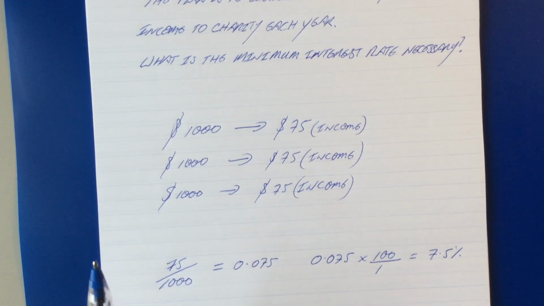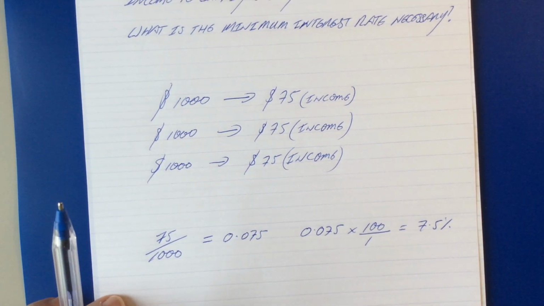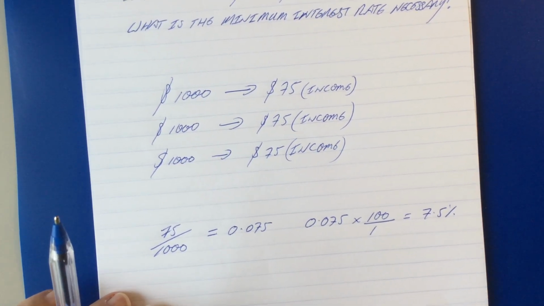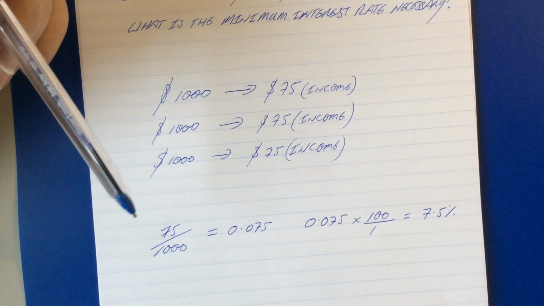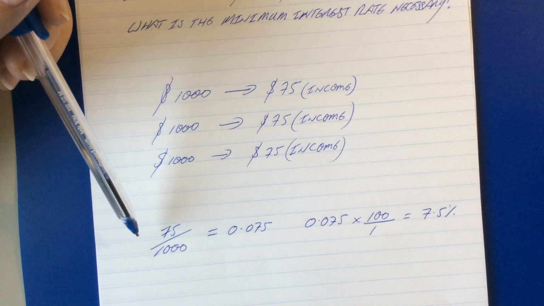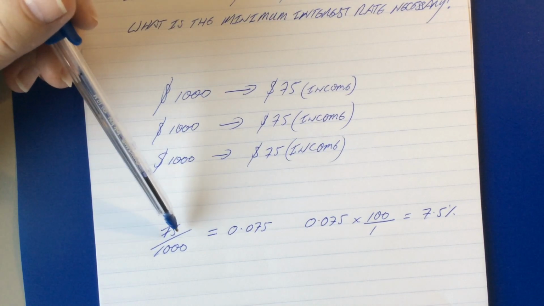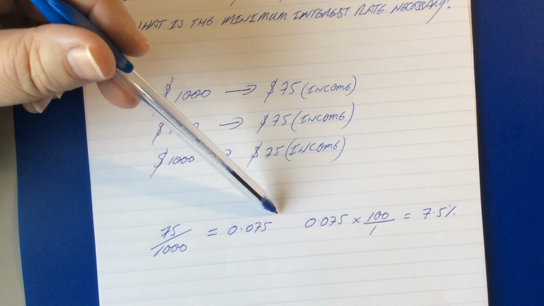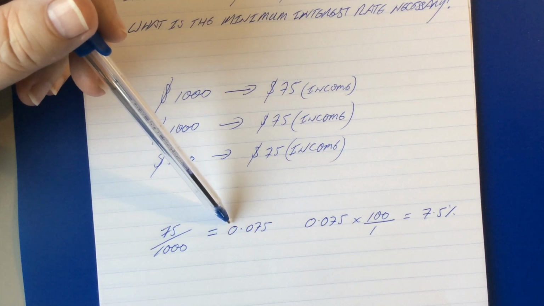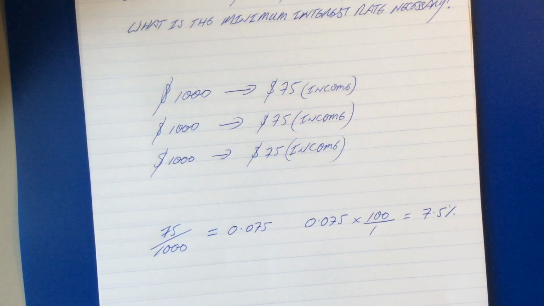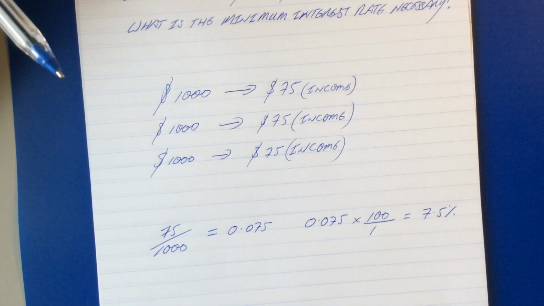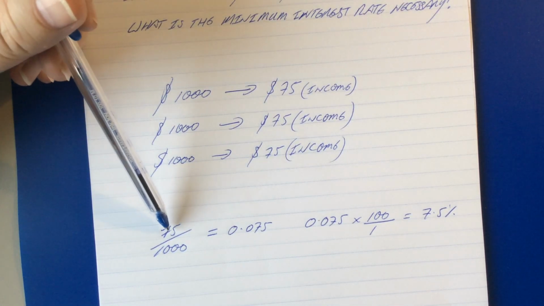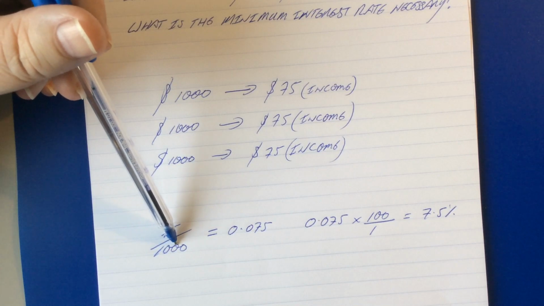Right. So, how do we figure out what our interest rate is? Now, this is really very, very straightforward. The thing that we don't know is the interest rate. It's this thing here. What we do know is how much we want and how much capital we've got.